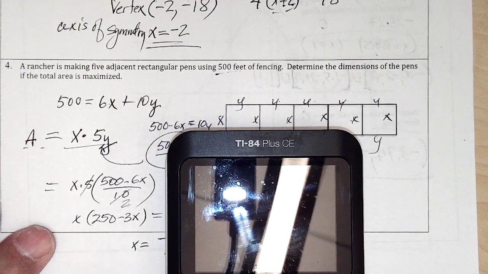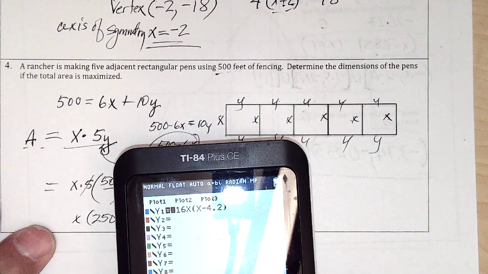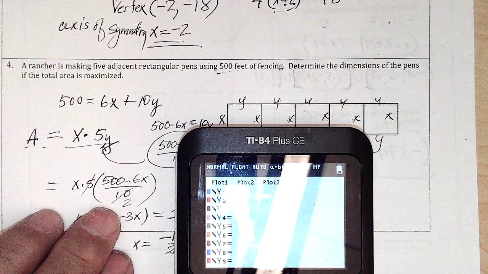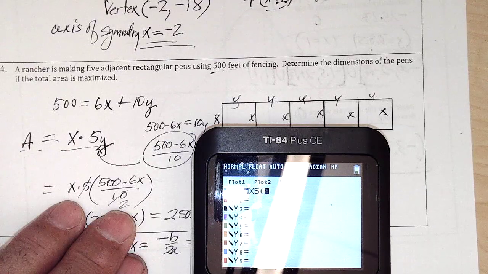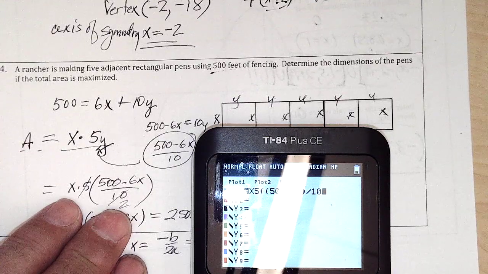You could also type it into your calculator and do, if I could even type this one back here, x times 5 times parenthesis a fraction, parenthesis 500 minus 6x, close the numerator, divided by 10.